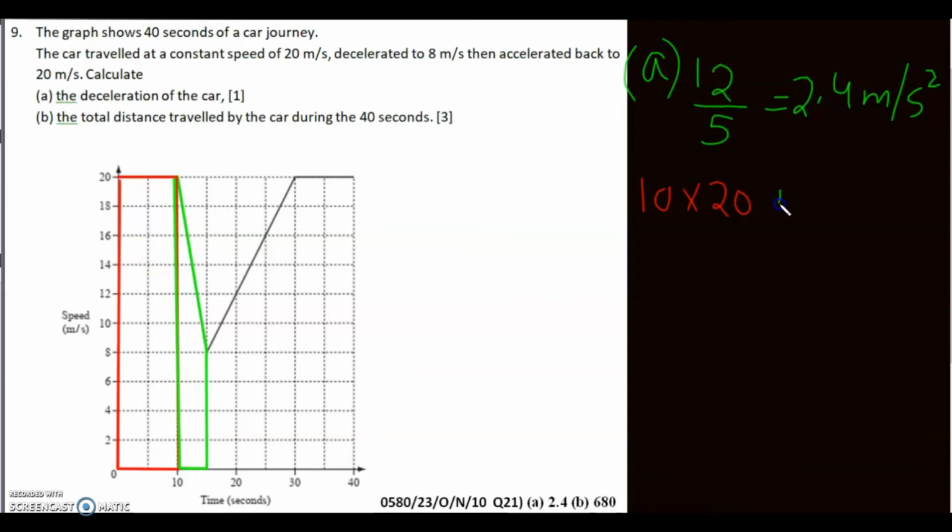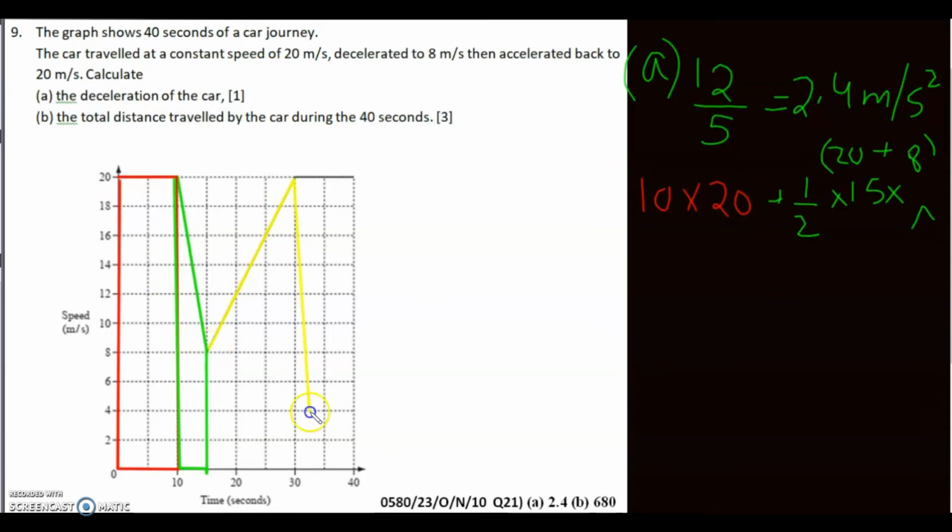So plus half times, what is the height? Height is from 10 till 15. So 15 times sum of parallel sides. So the parallel side one is 20 units and the other one is till 8. So 8 units. Then area of another trapezium.